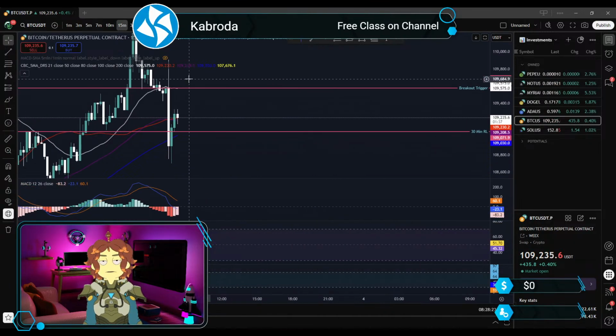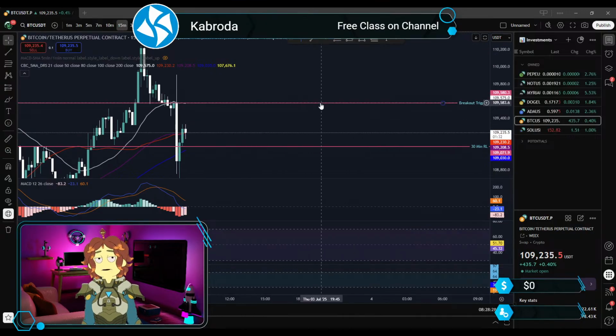Sweet. So if it breaks this line, comes back up, and then retests, that's a good sign for us. That means we're heading bullish.